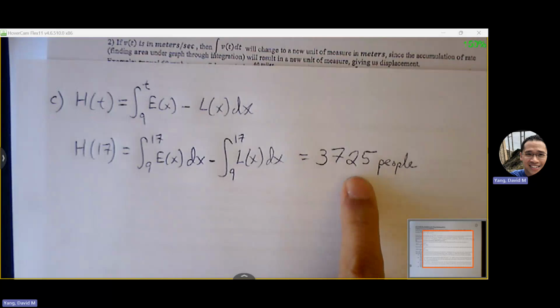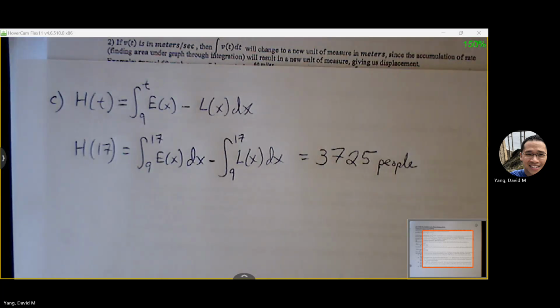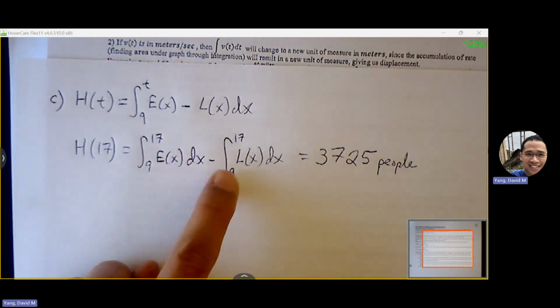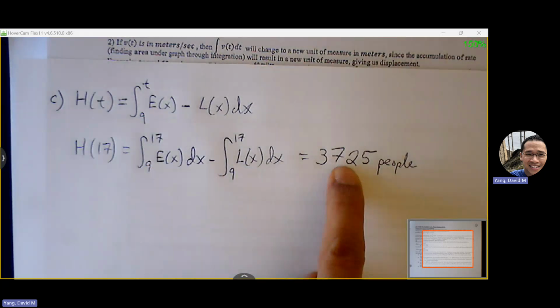What does this mean? Yeah. So you have people who've entered the park, and you subtract out people who've left the park, and this is the number of people who are left in the park at this time, right?